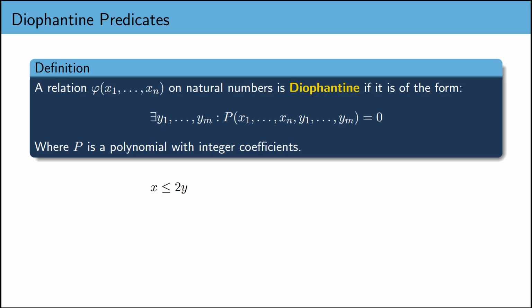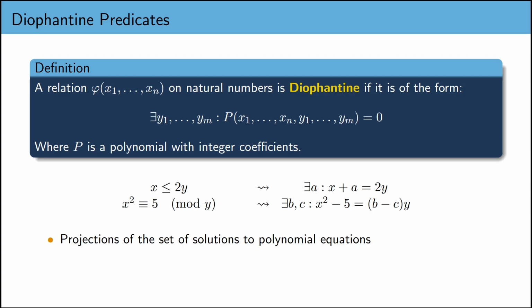Right, we can rewrite the relation x is less than or equal to 2y as there exists an a such that x plus a is equal to 2y. Or x squared is congruent to 5 modulo y as there exist b and c such that x squared minus 5 is equal to b minus c times y. And this is what allowed us to toss in these sorts of constraints into our systems.